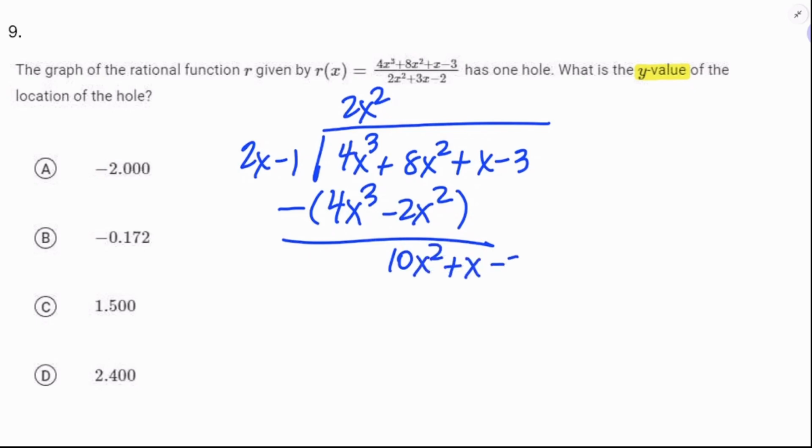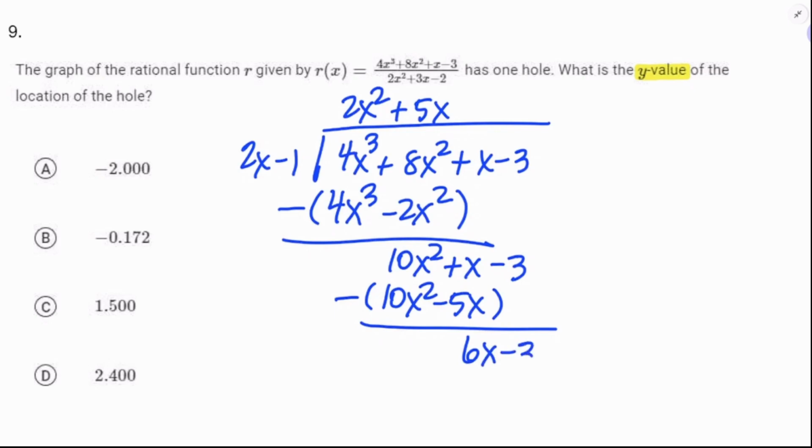Drop these things down and ask myself, what am I going to multiply 2x by to get 10x squared? That'll be 5x. And then I multiply that by the 2x and the negative 1. And I subtract. 10 minus 10 is 0. 1 minus negative 5 is 6. And then, okay, I did expect it to divide cleanly.